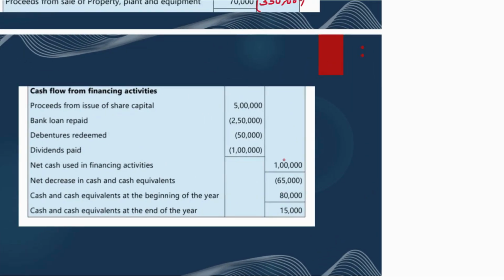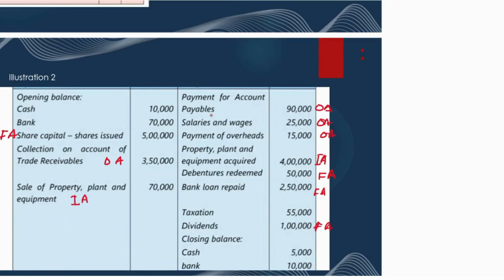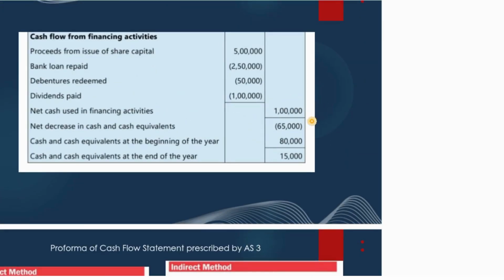In the beginning, the cash and cash equivalents given in the question were 10,000 and 70,000, so the total cash we had in the beginning was 80,000, and at the closing period we had 15,000. So this was your net change. Thereafter, this was your opening balance, so we are left with 15,000 only.